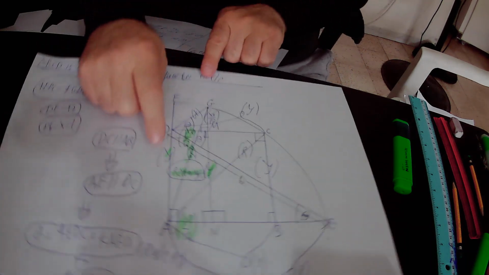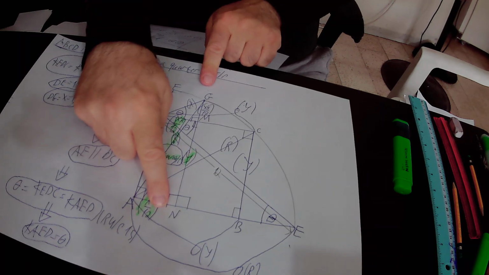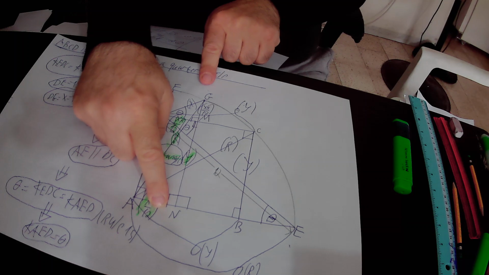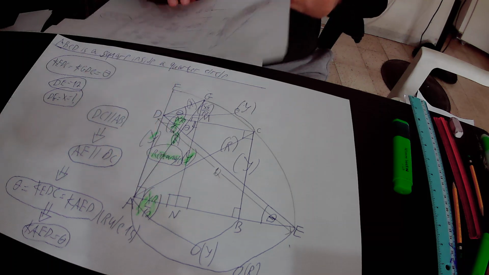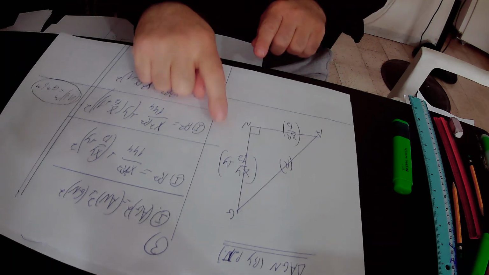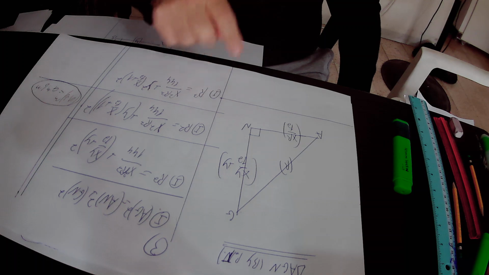And what is the length of side GN? From the diagram, it is very easy to see that GN equals GM plus MN. So GN equals GM, that is XY over 12, plus MN, that is Y. So in total, GN equals XY over 12 plus Y.